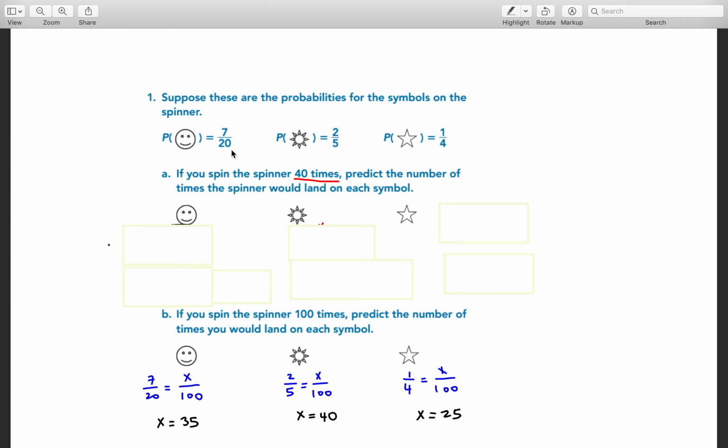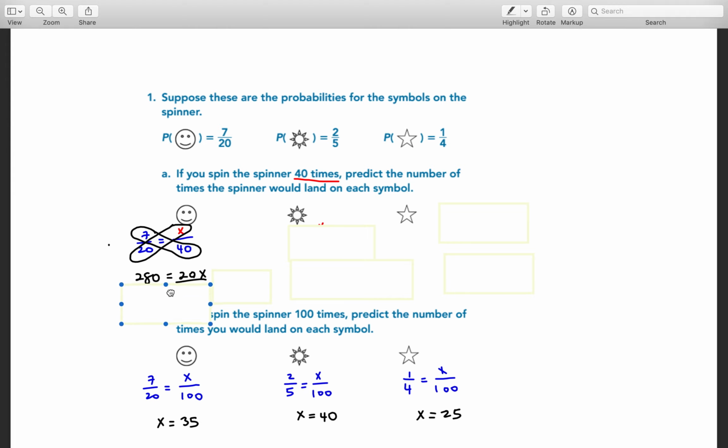If you remember, a proportion is when two fractions are set equal to each other. So we have 7 over 20 is equal to x over 40, because we don't know yet how many times the spinner would land, so we put an x. To solve a proportion, we cross multiply. 20 times x is 20x, and 7 times 40 is 280.